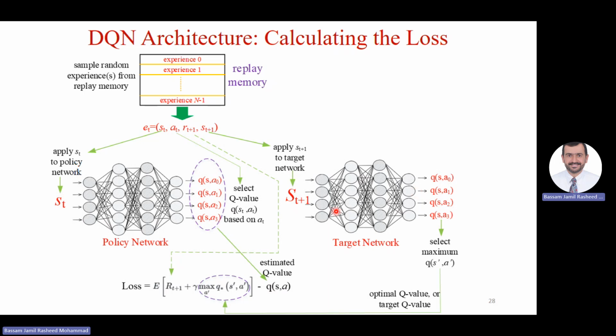Okay, so now the policy network, whose loss I'm trying to minimize, provides the Q values, and the target network provides the maximum action value of the next state. I will do this for every experience, and then I continue pulling those replay experiences from the memory and train my neural network.